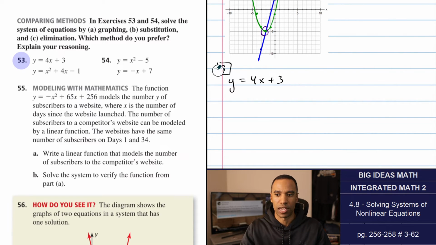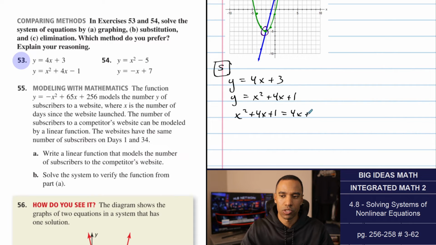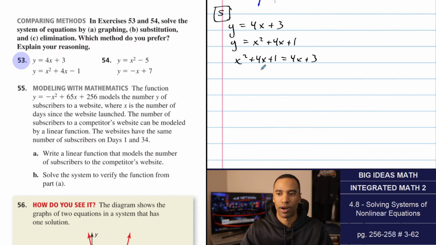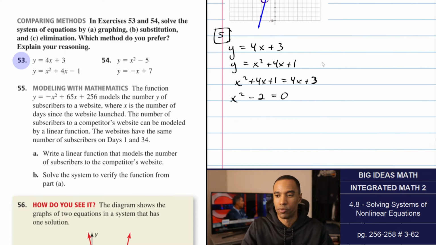So this is where I get to say x squared plus 4x plus 1 equals 4x plus 3. And then I will subtract 4x over, and I will subtract 3 over. Maybe subtracting 3 over wasn't the way to go about it. Maybe once you recognize you solve using square roots or something, that'd be fine.